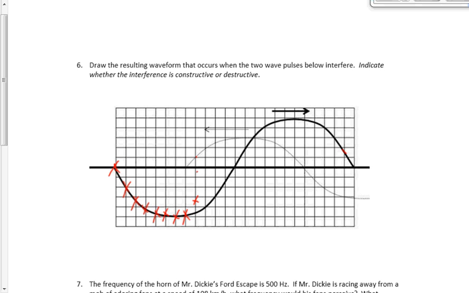Okay, about 2 above, about 4 below. 2 plus negative 4 gives me negative 2. 2.5 above, 3 below. Okay, that's about negative 0.5. Okay, 3 above, 1 below, about. Okay, it's going to take me to about right there.